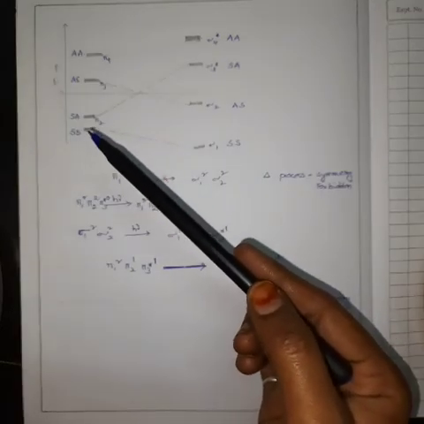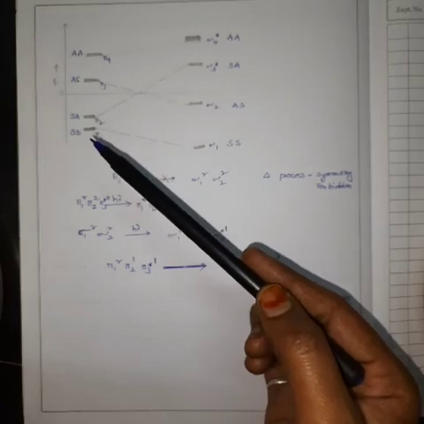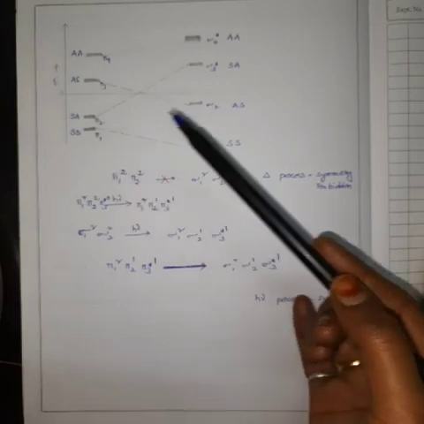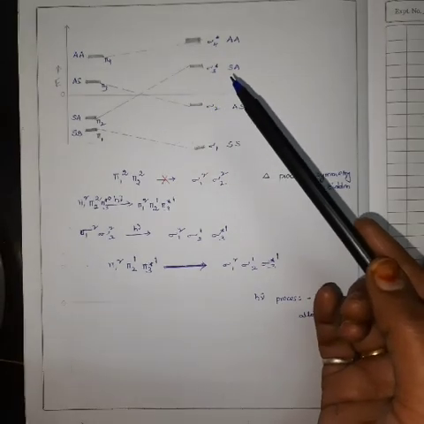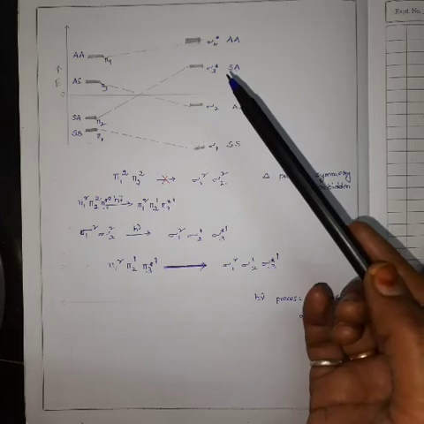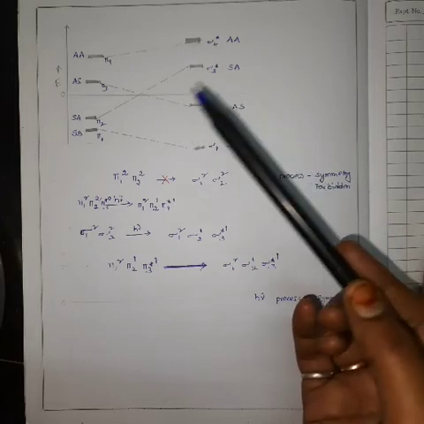So the ground state orbitals of reactant molecules correlate with the first excited state molecular orbitals of products.